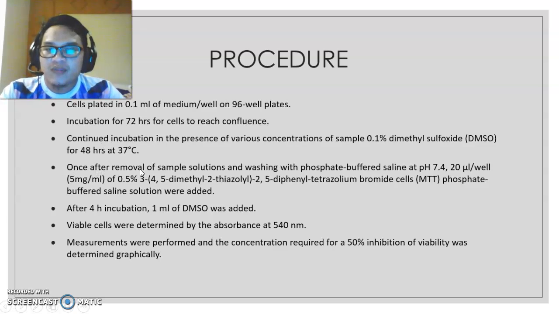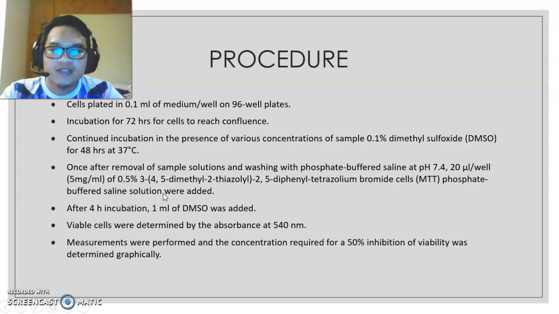After the removal of sample solutions and washing with phosphate buffered saline at pH 7.4, 20 microliters per well of 5 milligram per milliliter of 0.5% 3-(4,5-dimethylthiazol-2-yl)-2,5-diphenyltetrazolium bromide, which is MTT, is added.